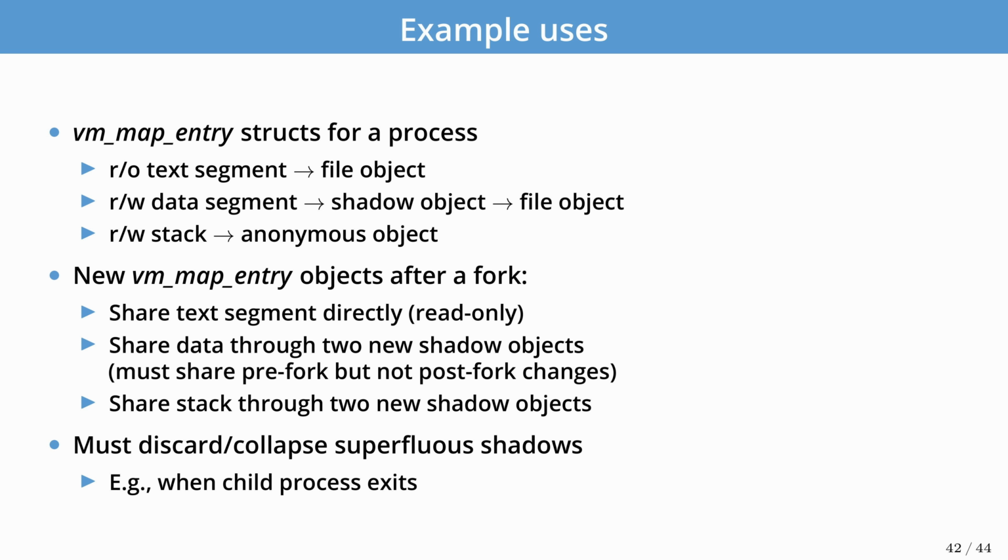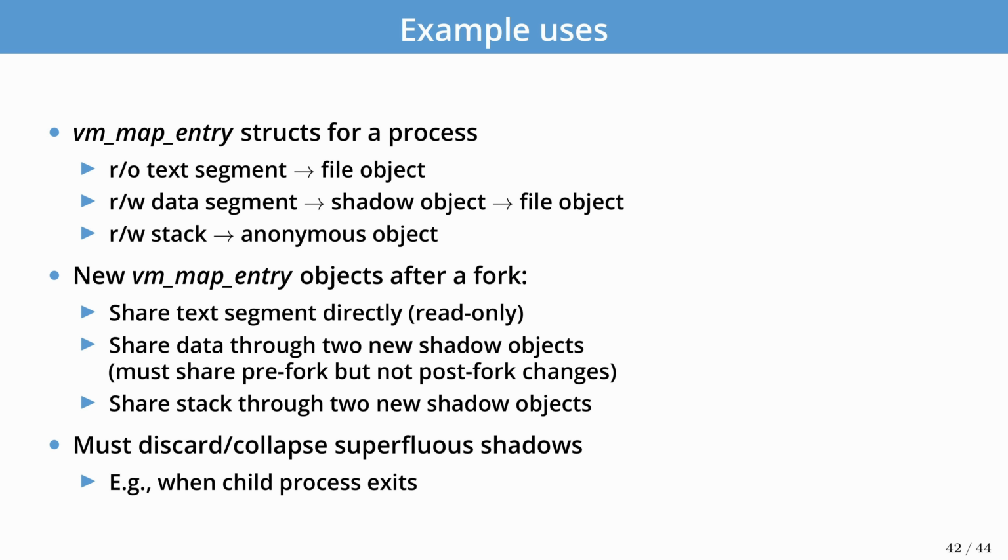We read the headers, and the operating system figures out just enough information to describe what memory should look like, and it creates a set of vMap entries that correspond to the text segment, the data segment, the stack, and anything else described by the program binary. So the text segment will be this read-only one, and that segment just basically describes the file object underneath. And as pages get faulted on, they'll actually be read in from disk.